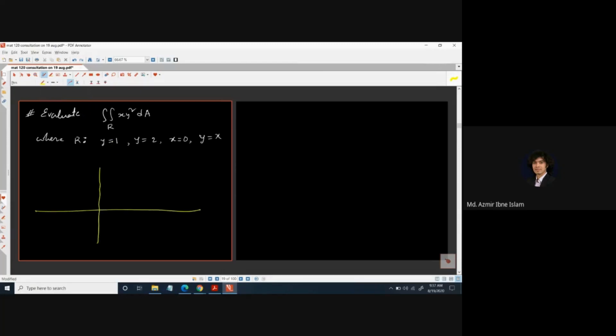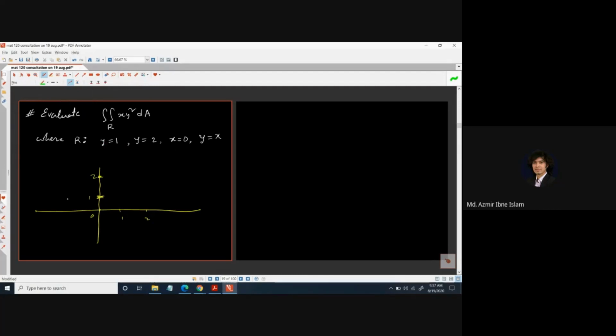So here we have y equal to 1. Let's say 1 here and 2. This is 1, this is 2, and this is 0, 1, 2, 1, 2. So we have to draw all the curves. Let's draw y equal to 1.